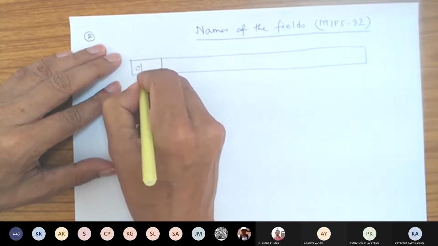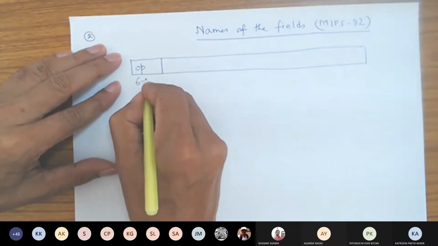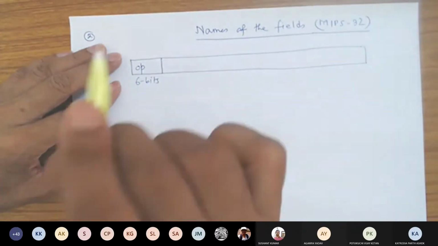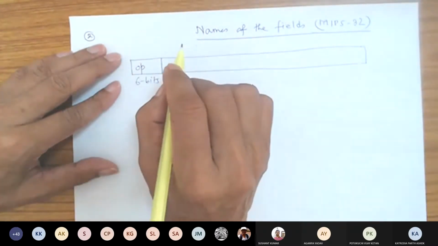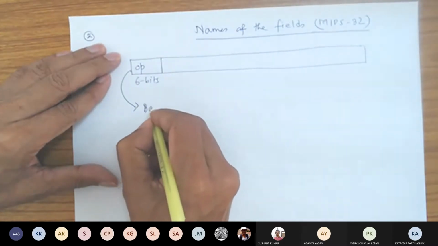This is the opcode field. In short, it is written opcode. What does it tell? The basic operation of the instruction.